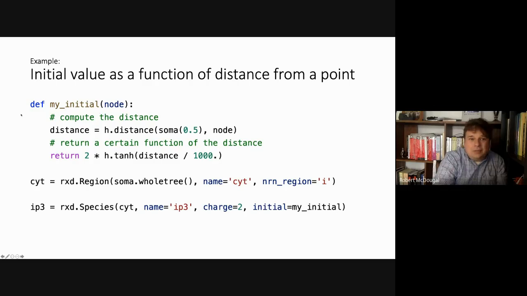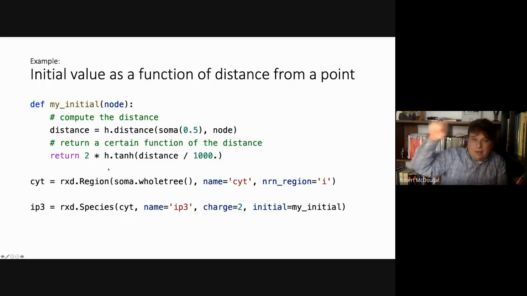In any case, I pass in the location, and now I just compute the distance. What's the distance along the cell? So h.distance. We didn't talk about this yesterday, but this is the path distance from point A to point B. So the path distance from the center of the soma to the node, and then I can return any function based on that if I wanted to.